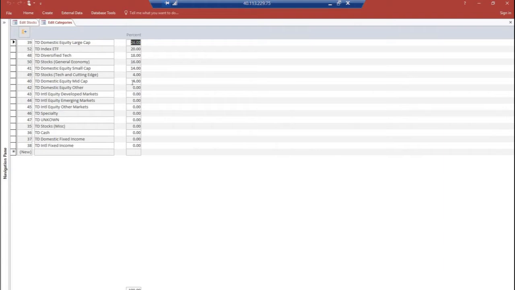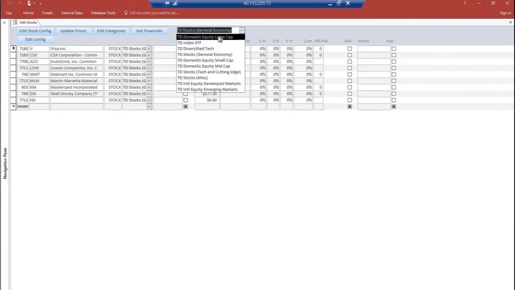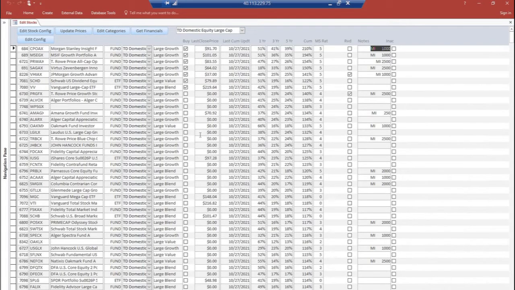And all the way down, my smallest holdings are tech and cutting edge here, and mid cap. So I have a portfolio that has several funds in different categories, and I weight each of those categories differently, the largest being my large cap.